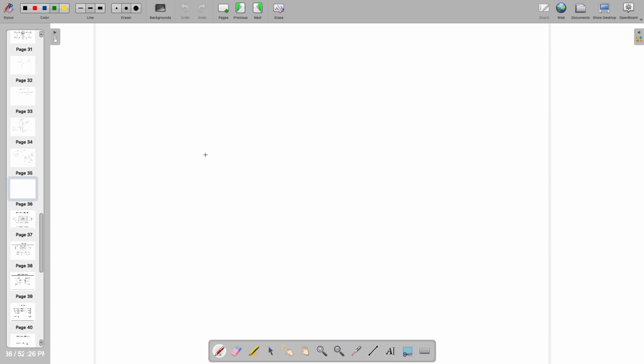Now look at the circuit where, now look at this circuit.